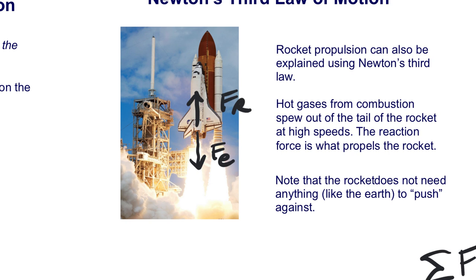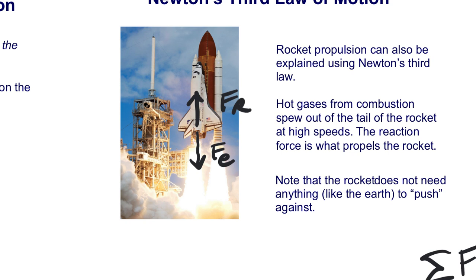You might say, why is the rocket accelerating? How can it accelerate if these two forces right here are equal? How can the rocket accelerate upwards? Well, the force on the exhaust is not acting on the rocket.